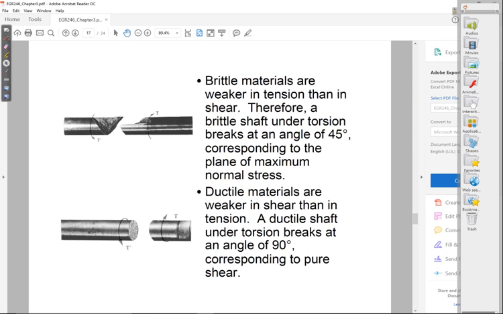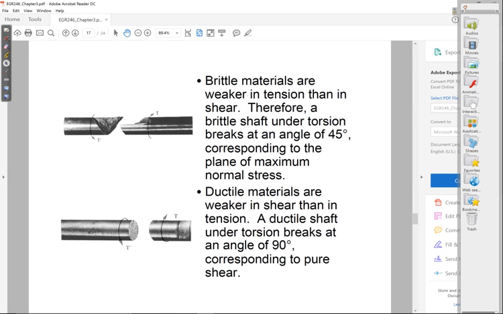And what that means is bone behaves just like the material in the top figure here. If you put a piece of long bone under torsion, it will break at 45 degrees because that's the direction of tension. And bone is going to break in tension much more easily than it breaks in shear.